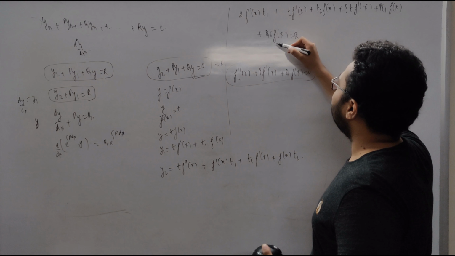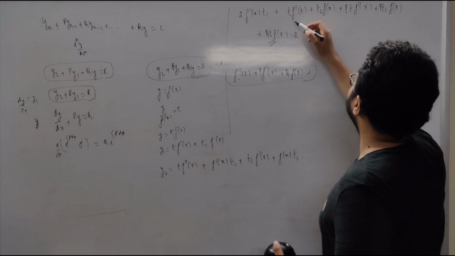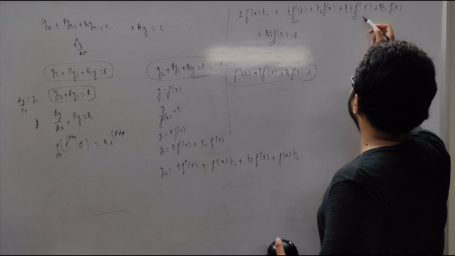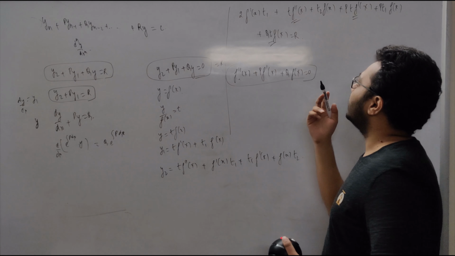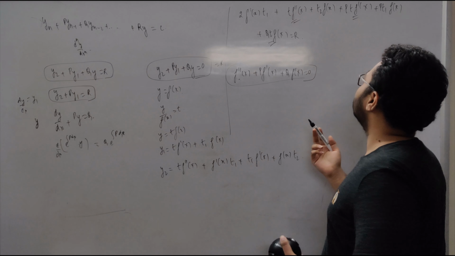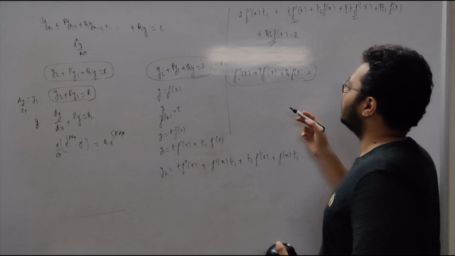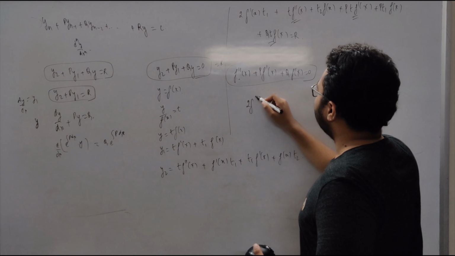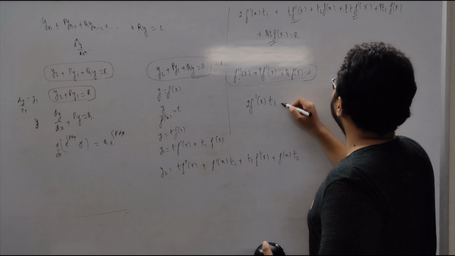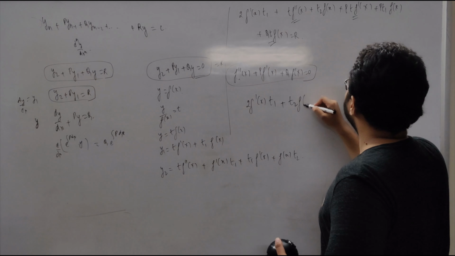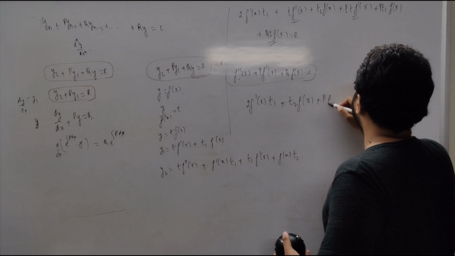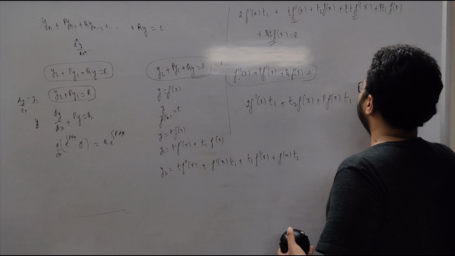So if we take t common out of this term and this term, then you will see it is q fx plus f double dash x plus p f dash x, and that is equal to 0. So we are left with 2f dash x t1 plus t2 fx plus p fx t1 equals r.